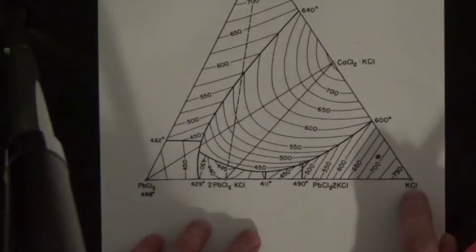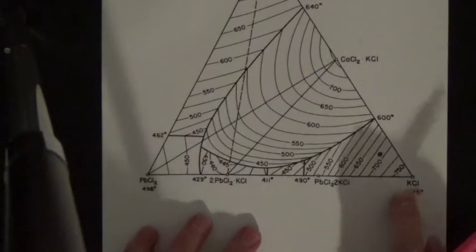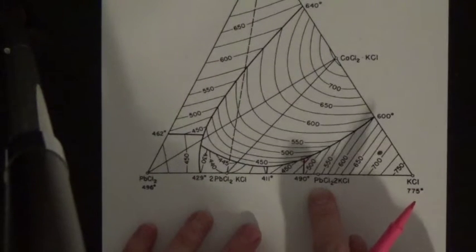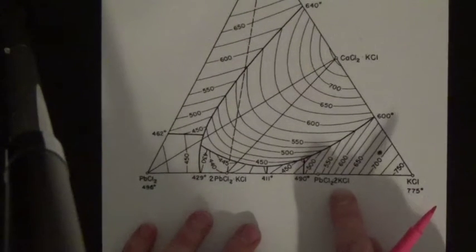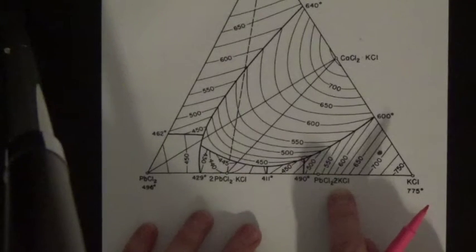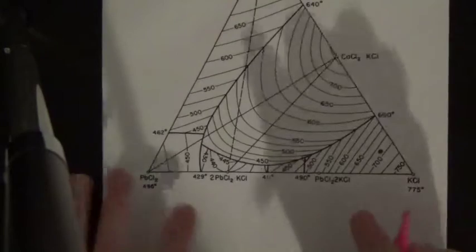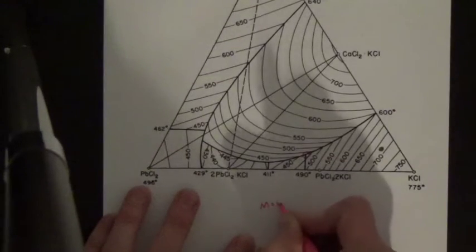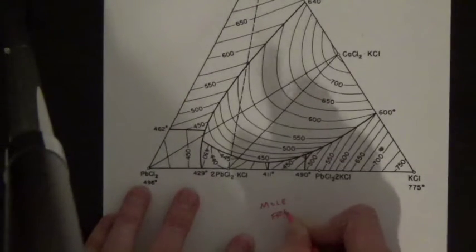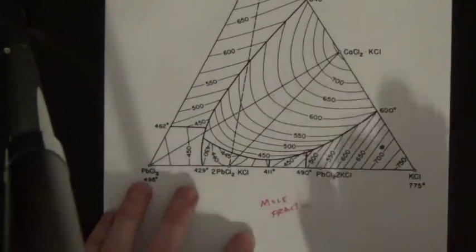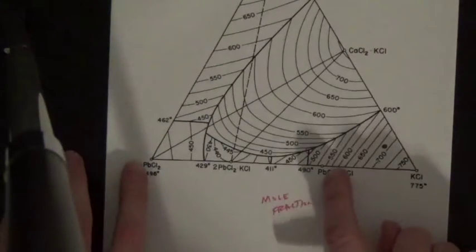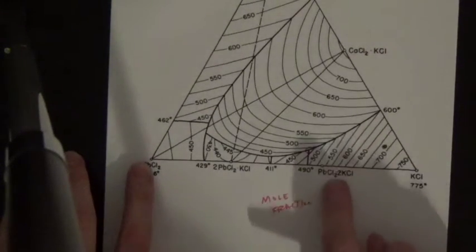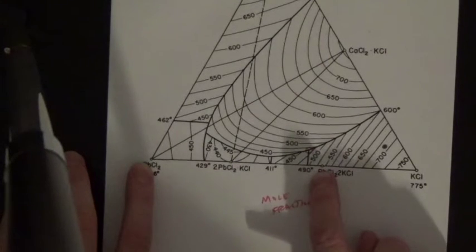This region is potassium chloride. This is PbCl2·2KCl. So this looks as though this must be a mole fraction diagram, and you can get that because this is about 2/3 of the way through, and that's where the composition is.